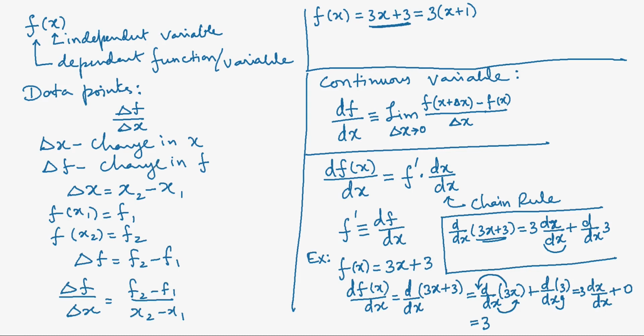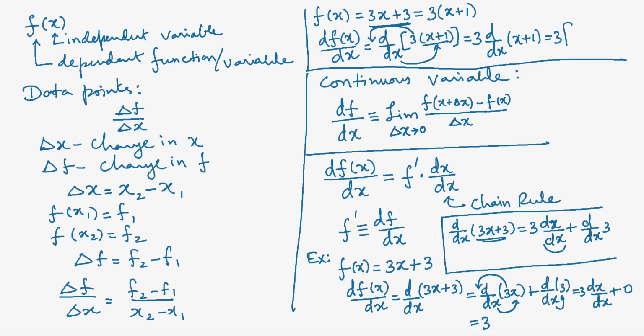So now in this form, if you are differentiating, df of x by dx will be d by dx of 3 multiplied by x plus 1 as such. Now again, only this factor is dependent on the x, so the 3 can be taken outside as a common factor. Do you see that? So that will be 3, then d by dx of x plus 1. So now we need to do the chain rule completely.